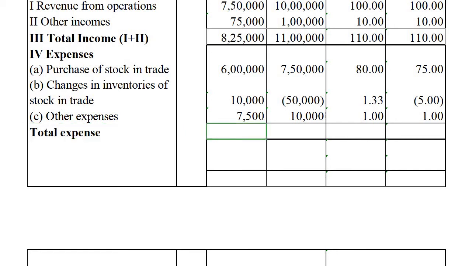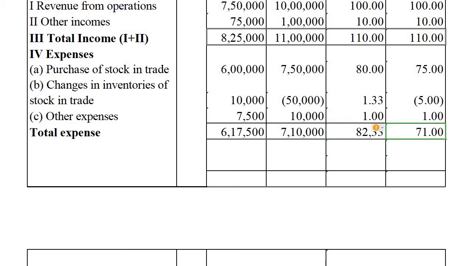Now let us total the expenses. Total expense is 6,17,500 and 7,10,000. Okay, so the previous year percentage is 6,17,500 divided by 7,50,000 into 100, that is 82.33%.